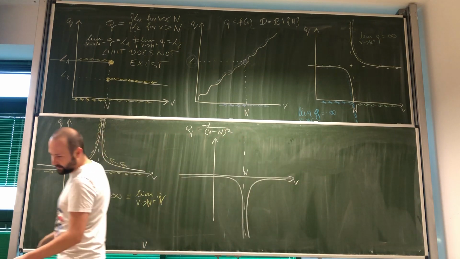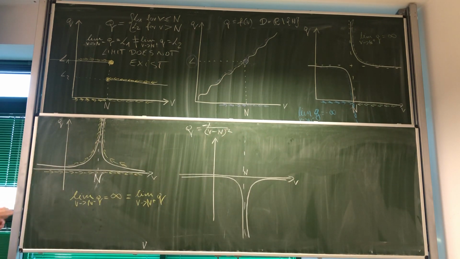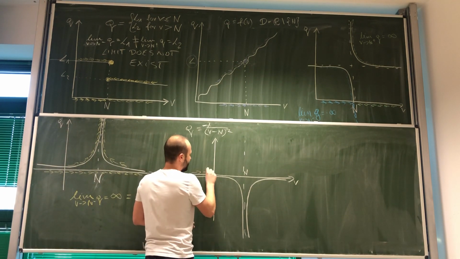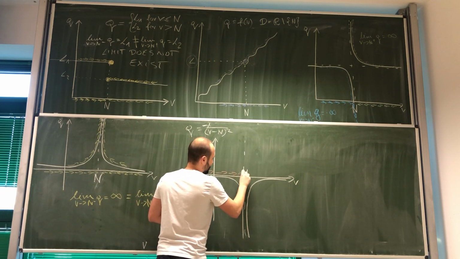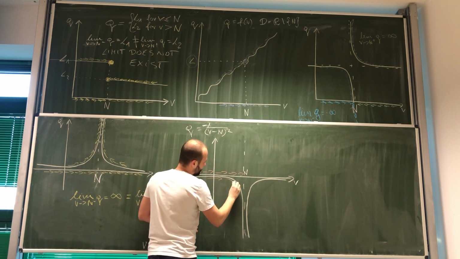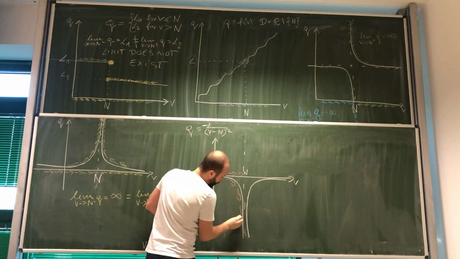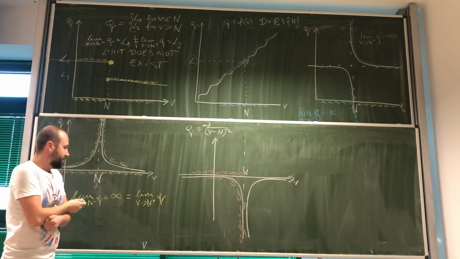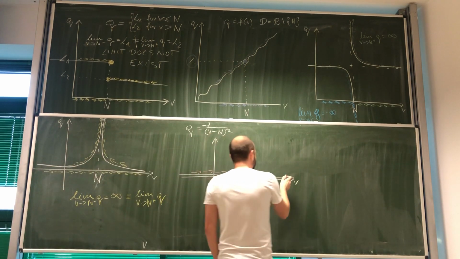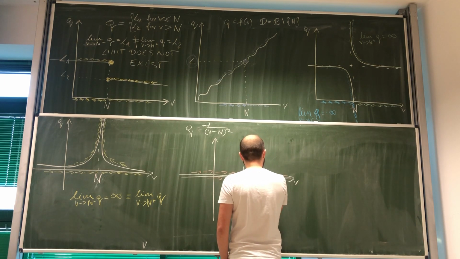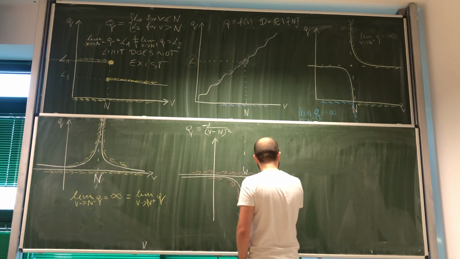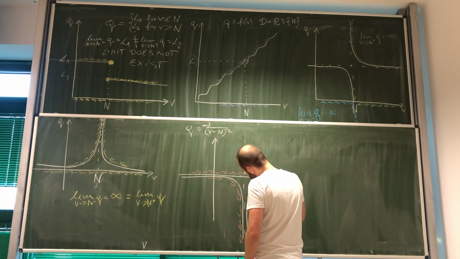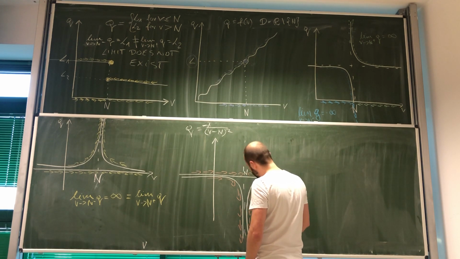Now, I hope you can see right away that if we're going to evaluate the limit at n from the left side, the values of the function are getting lower and lower and lower. They go to negative infinity. Over here, if I evaluate the limit from the right side, we see that the values of the function are getting lower and lower.